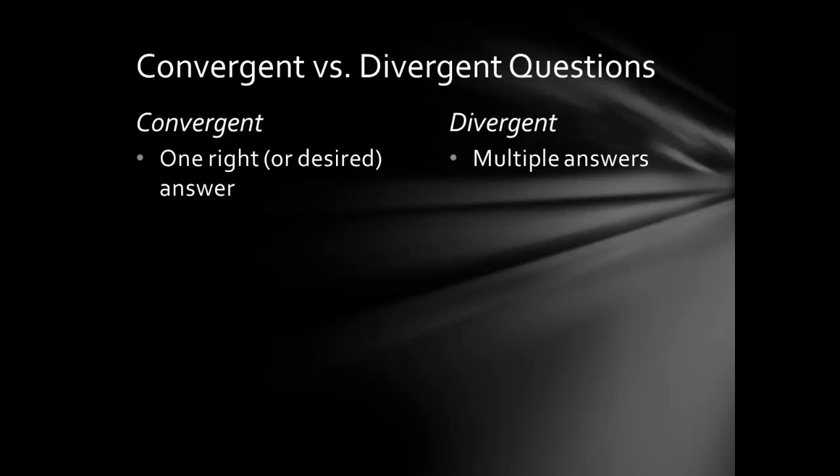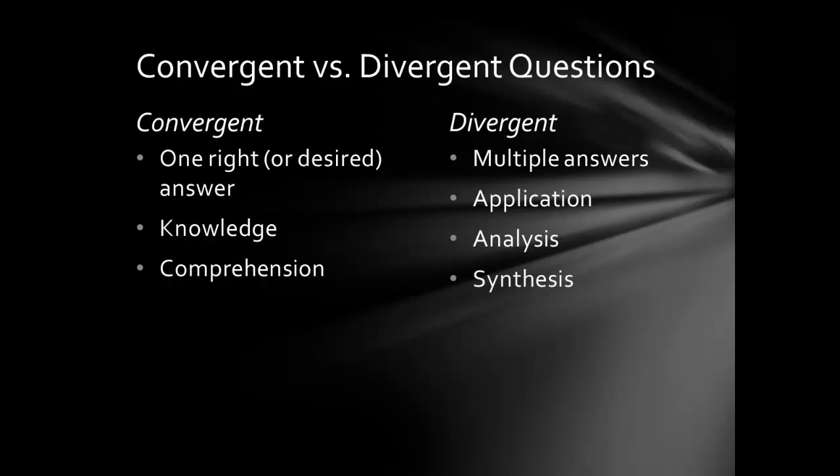Now, if we think about Bloom's taxonomy, generally the knowledge and comprehension questions are convergent questions. Knowledge questions, what is such and such, or comprehension. Those types of things tend to be more looking for one right answer.